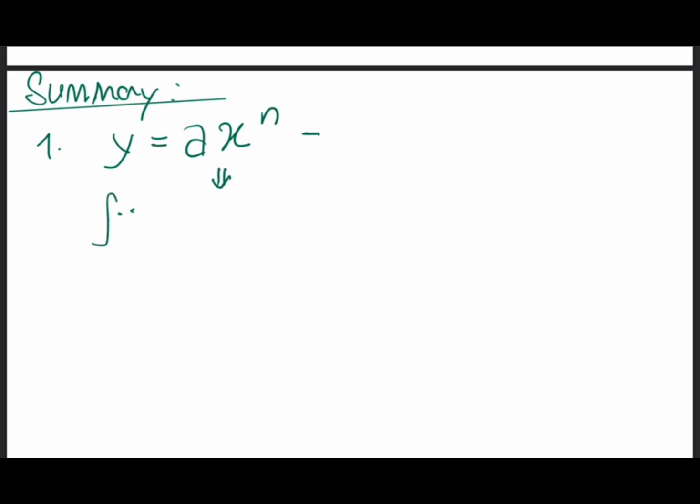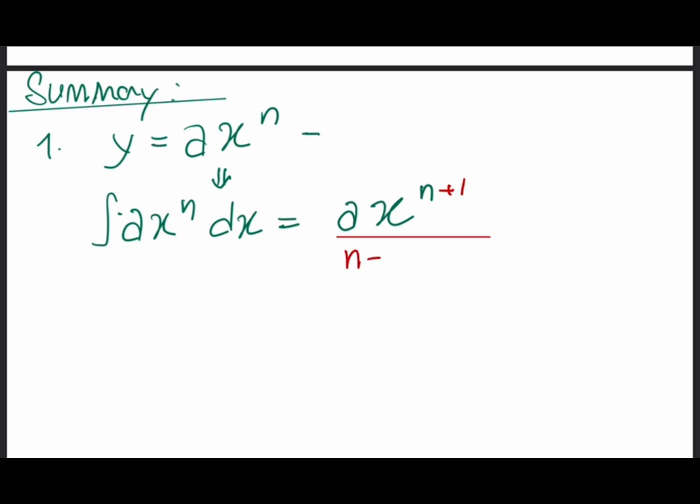So if we integrate ax to the power of n dx, we copy back the a since it's a constant, and x we copy back, and the power is increased by 1. In differentiation, the power is reduced by 1. In integration, the power is increased by 1. In differentiation, we multiply with the old power, and in integration, we divide by the new power. And we add the constant here since it's an indefinite integral.